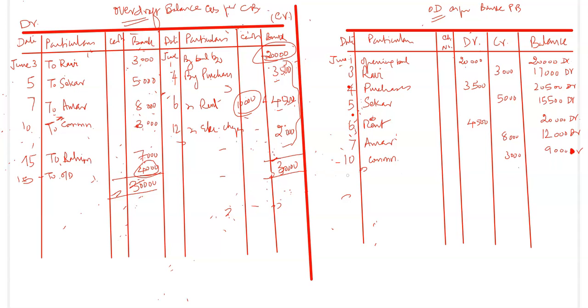So next date after 10th is 12th. You have paid electricity charges by check. So this will be shown on the debit side of the passbook. So as you are already in OD, now OD will increase to 11,000.